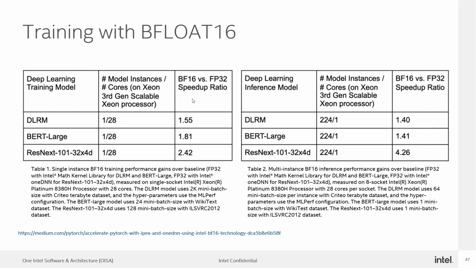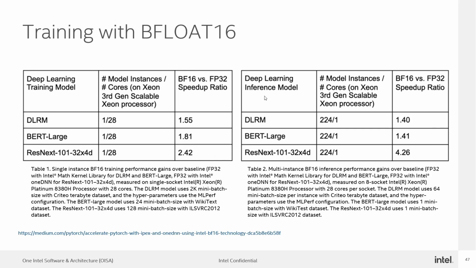We compare the performance between FP32 and bfloat16, and we can see that the performance boost brought by bfloat16 is around 1.55 times for DLRM, 1.81 times for BERT large, and over 2.4 times better performance for the computer vision task.